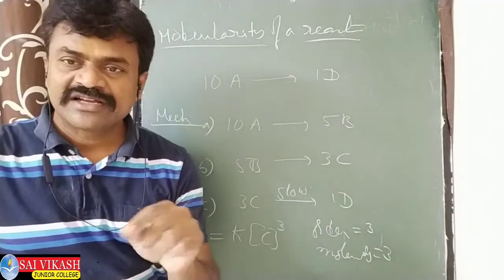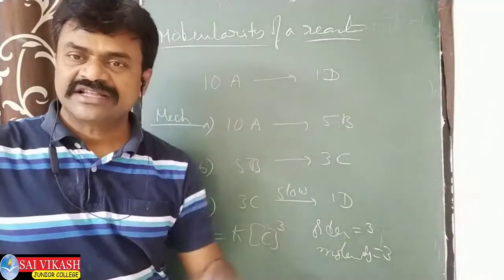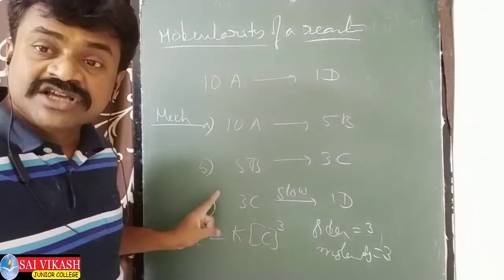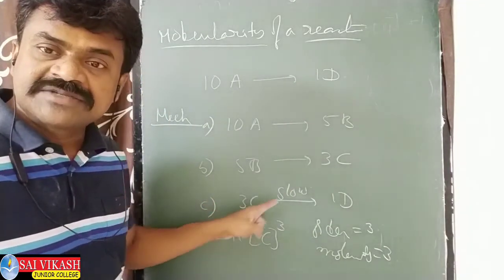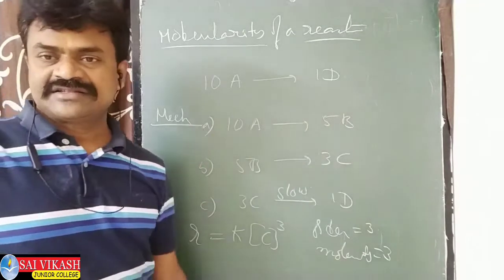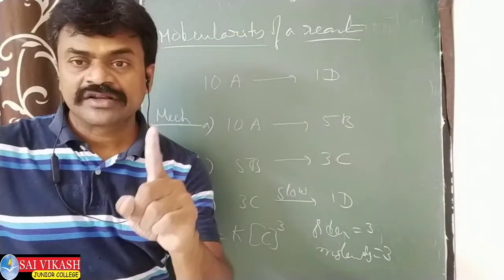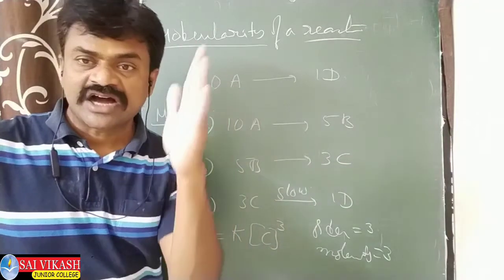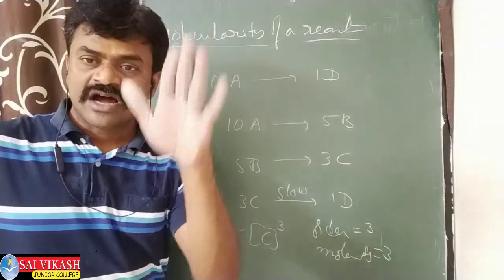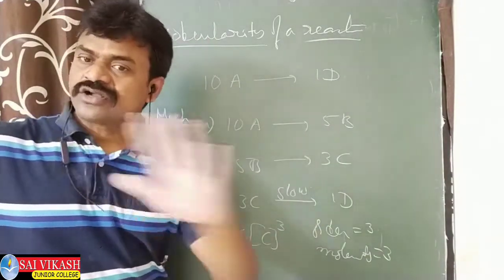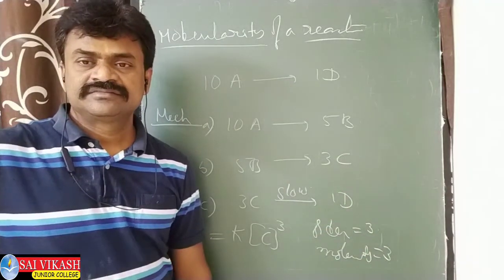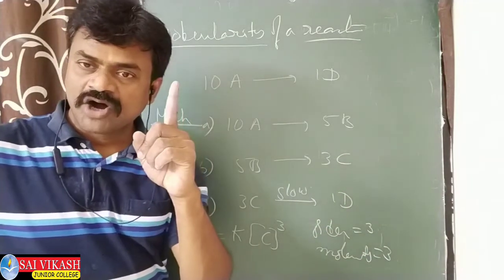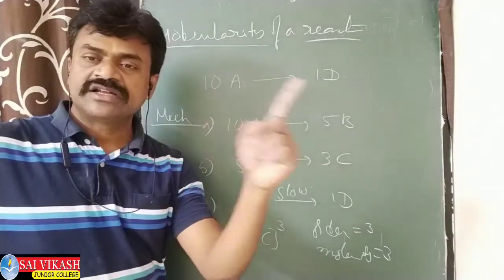Why can molecularity not be 0? It is meaningless. Molecularity 0 means 0 molecules are participating in the reaction. And molecularity cannot be fractional, since half a molecule or half an atom participating is not possible. Order can be 0, but molecularity cannot be 0.